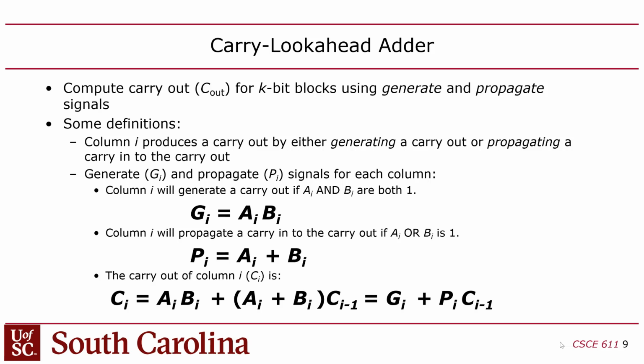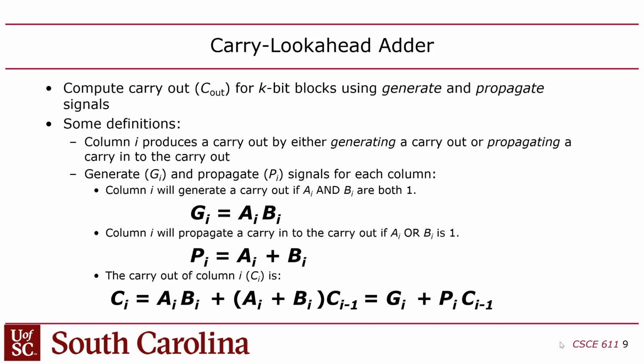And then for each one of those sets of columns, you can generate a carry out from that whole group in a more efficient way than just propagating the carry all the way through the columns. And that's called a carry lookahead adder. So the idea is that each column, in addition to producing the sum and the carry out, will also produce 2 additional outputs called generate and propagate.